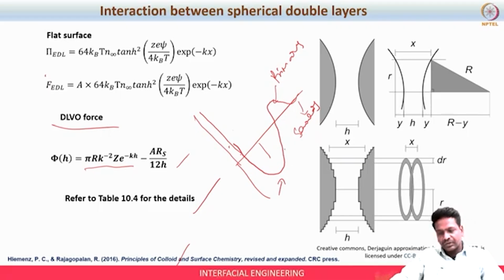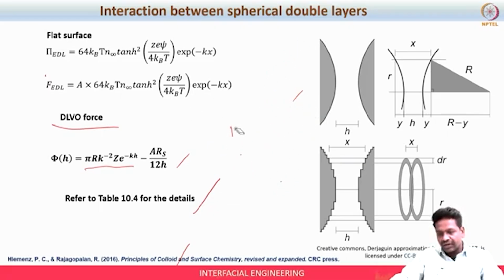So this is due to the van der Waals term, this is due to the repulsive term, and this one is due to the Born repulsion. So when you plot this DLVO equation as a function of the separation distance H, you will basically obtain a profile something like this, the way I have shown here.